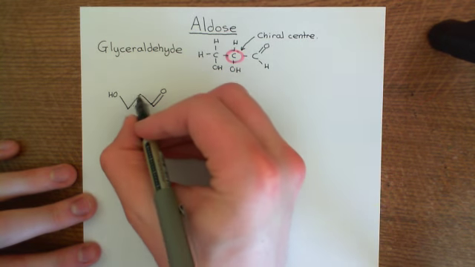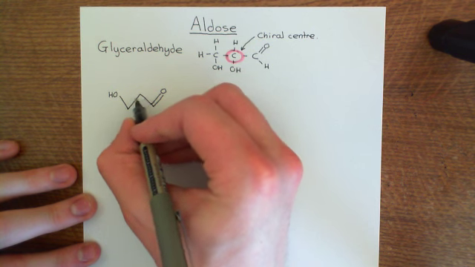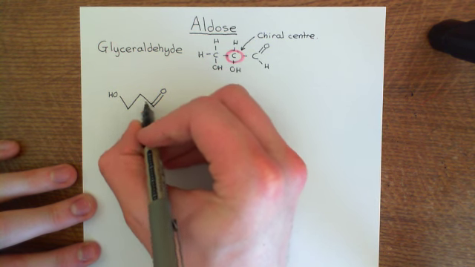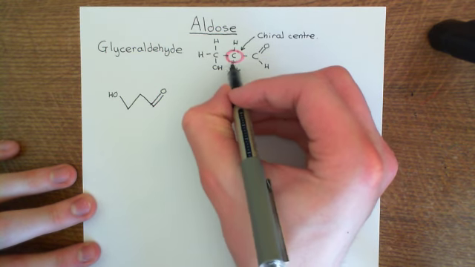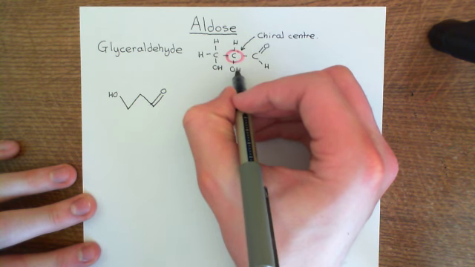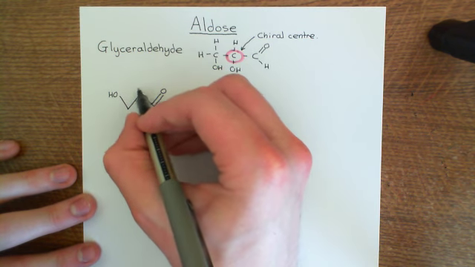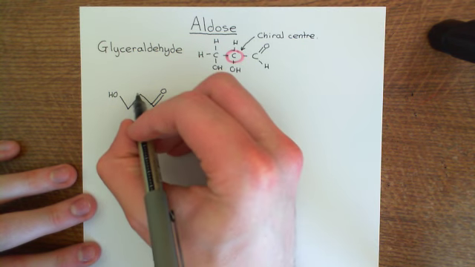Now we need to take account of the optical isomerism here. Imagine these 2 bonds are in the plane of the piece of paper. We then have to add on the hydrogen and the alcohol group. We don't show the hydrogen, but the alcohol group can either be coming out of the page at us or going into the page away from us.